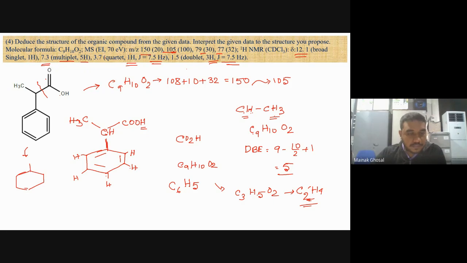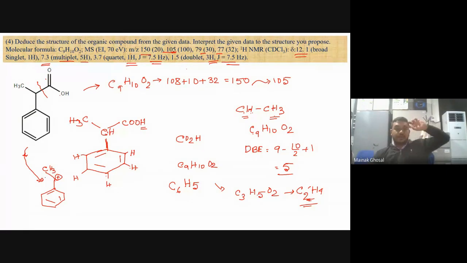The loss of the acid group gives you this peak at 105.